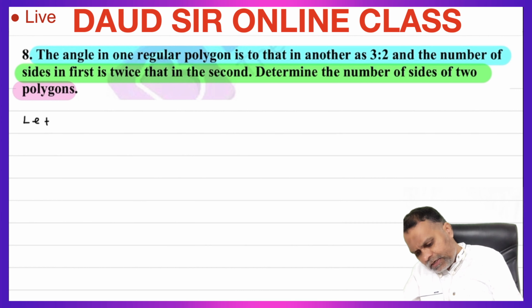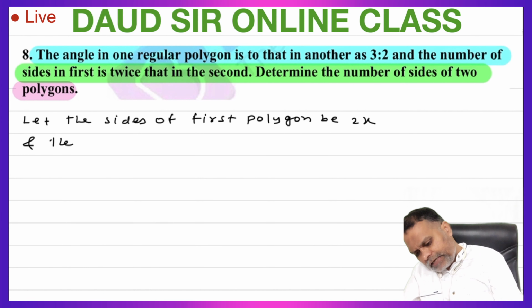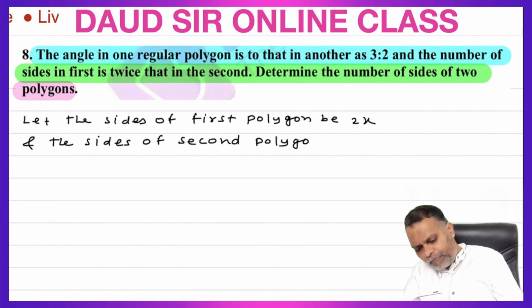Let the sides of first polygon be 2x and the sides of second polygon be x.